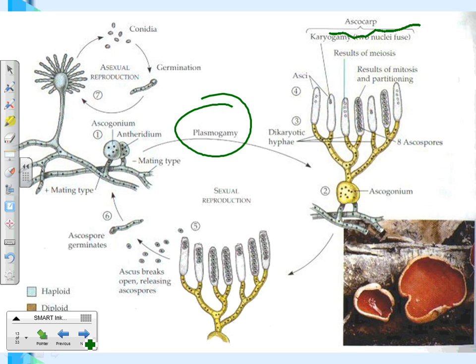That's what we call karyogamy. And when that happens, they grow into these asci, these sexual organs. So karyogamy gives us one nucleus. One nucleus, that's what kind of nucleus? Haploid plus haploid gives you diploid.